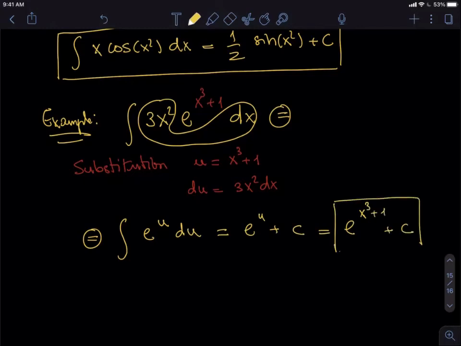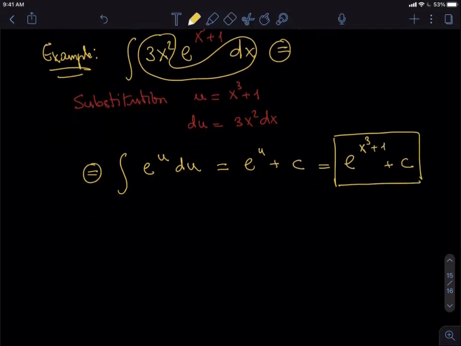And that is the final result. This method applies, for example, to also the integral of the cosine of x divided by the sine of x dx, which is the cotangent. Okay.